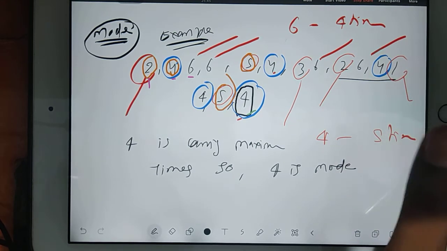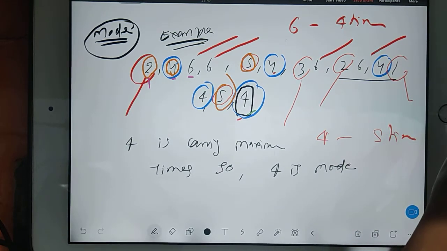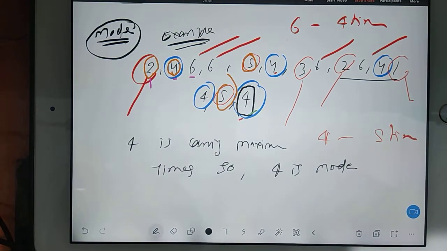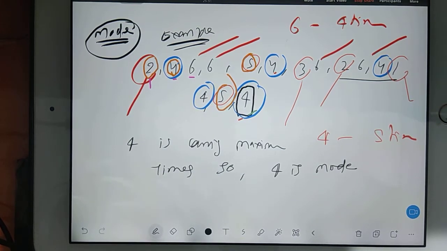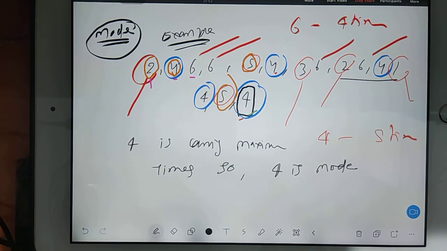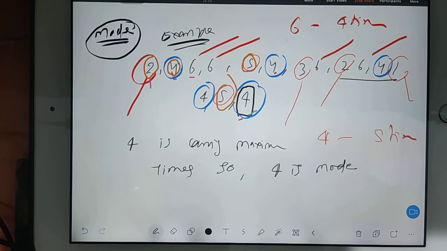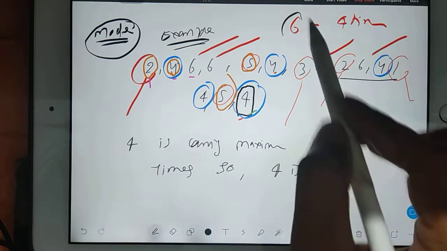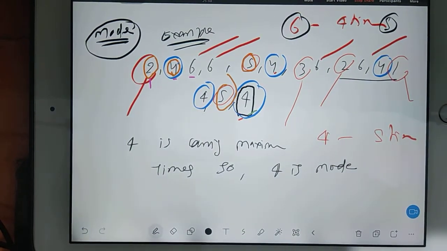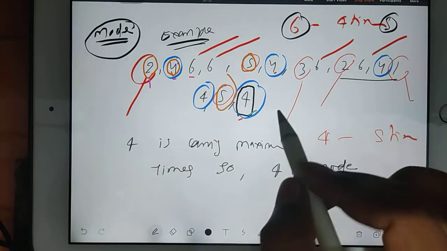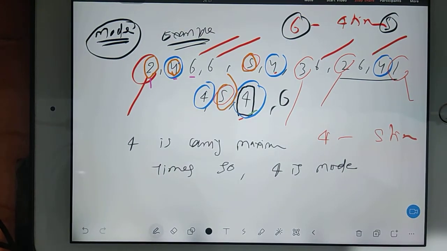Then what is the meaning of median? Suppose, actually there is a possibility: what if 6 also comes 5 times? In the given set of data, suppose I add one more 6 here.